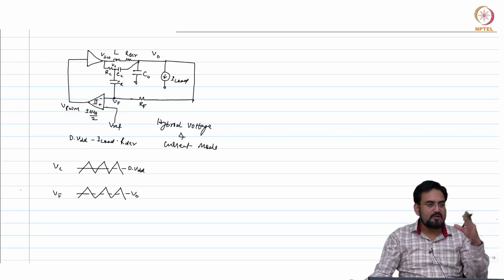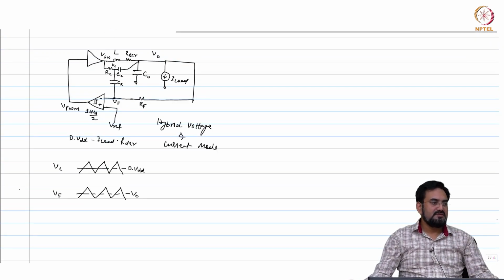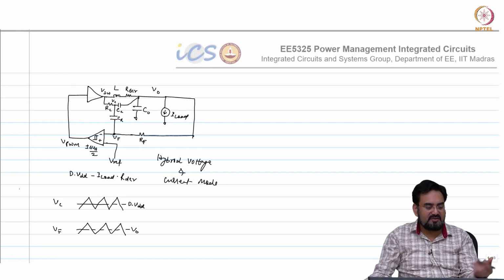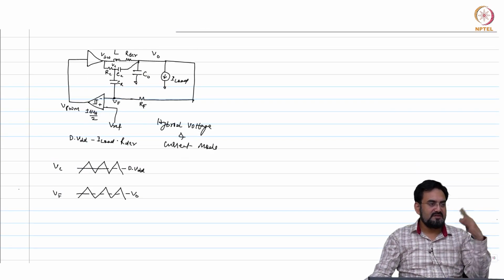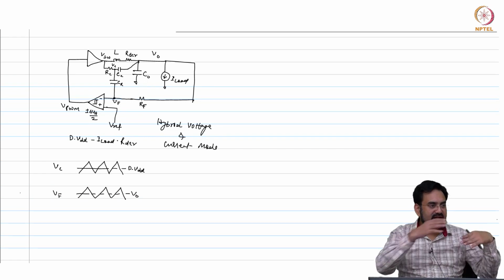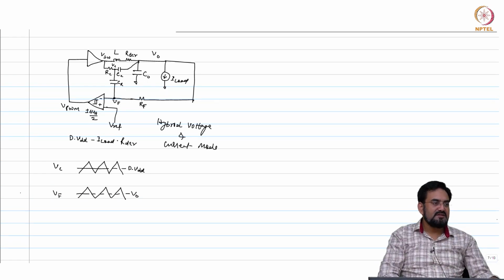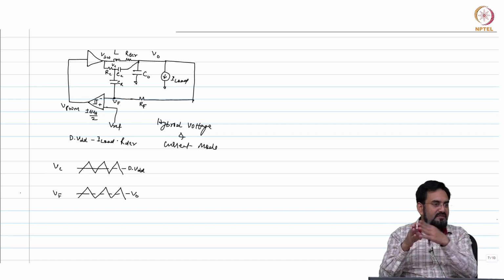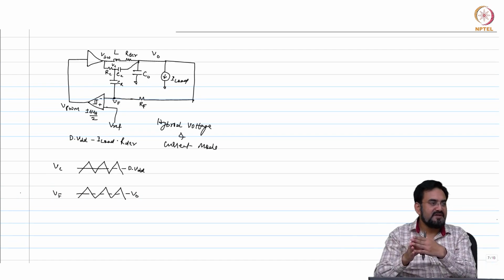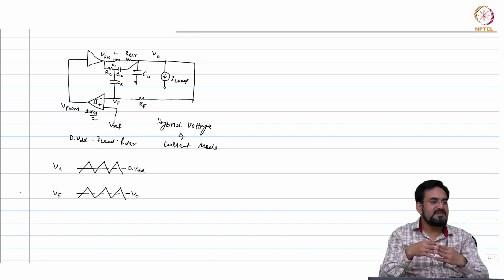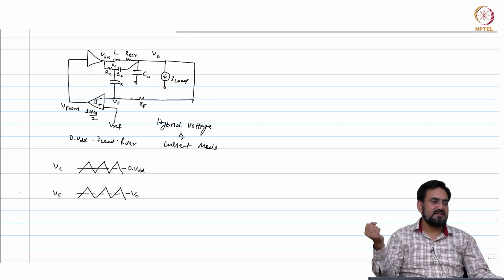It will change the slope of your ripple. It is similar to your current mode. In the current mode, when the slope is changing, it will try to change the duty cycle. Here only frequency is changing, but we do not want the duty cycle to change. So if the on time is changed, feedback will force the off time also to change, because we want to keep the same duty cycle.